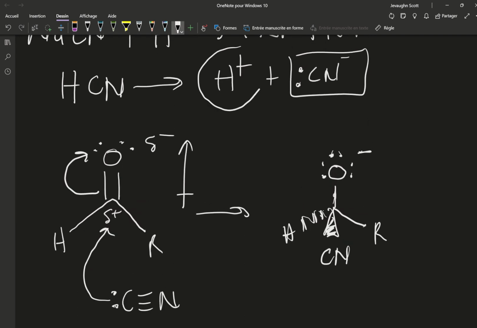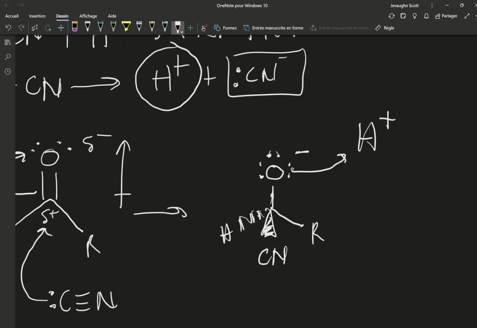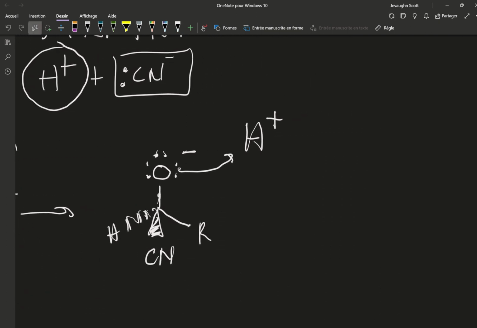We have hydrogen ions in the solution from the dissociation of hydrogen cyanide. So if hydrogen ions are there, they act as an electrophile, engaging in electrophilic attack. One of the lone pairs here will form a dative covalent bond with the hydrogen ion, with a proton, and we're going to have this being the product.